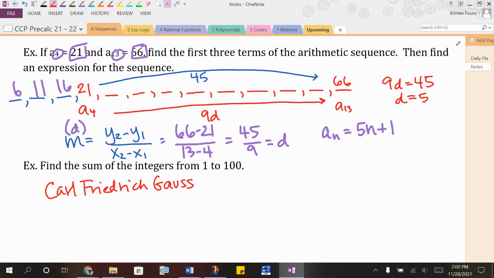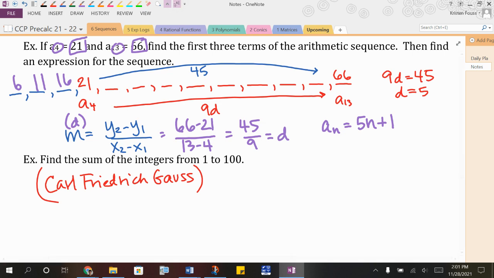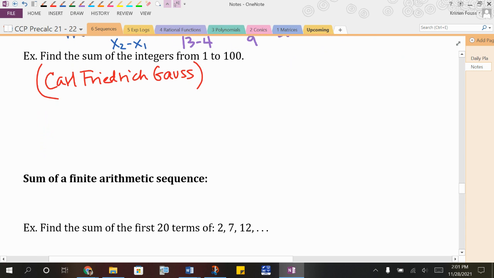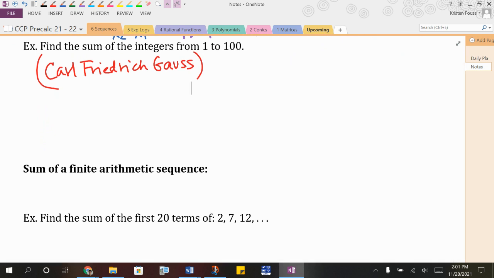He was supposedly an 8 to 10 year old kid in math class where he quickly added the numbers 1 to 100. So I'm going to leave that for you so we can talk about it tomorrow, because it tells us where the formula for adding numbers together comes from.